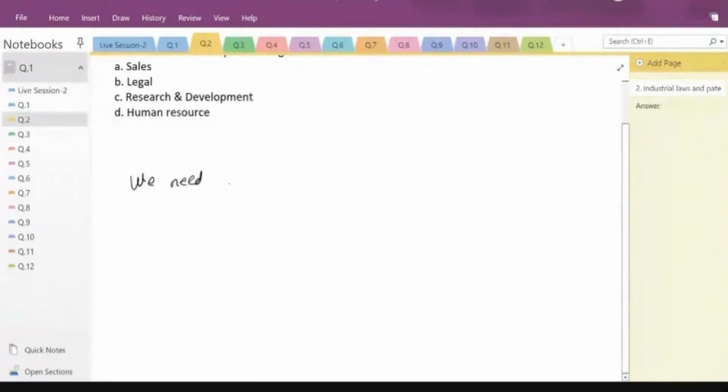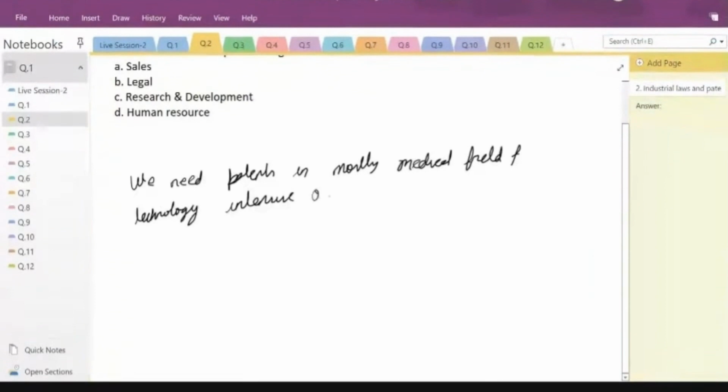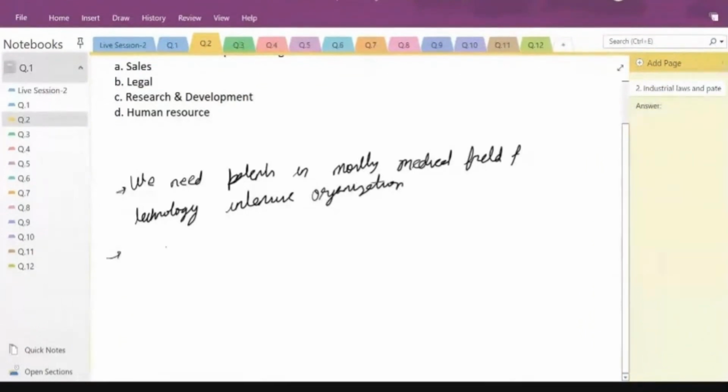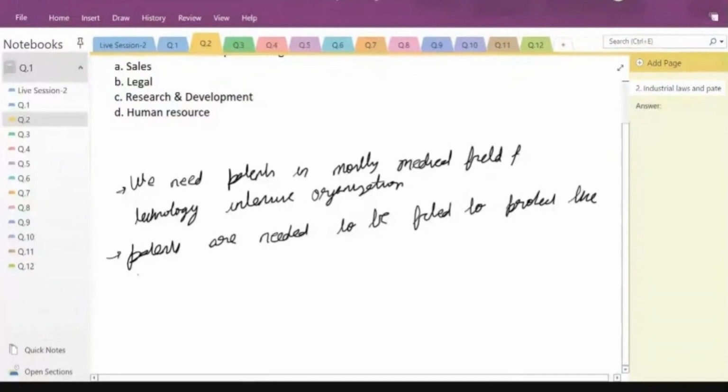We need patents mostly in the medical field and technology intensive organizations, and patents need to be filed to protect various business interests and professional interests.